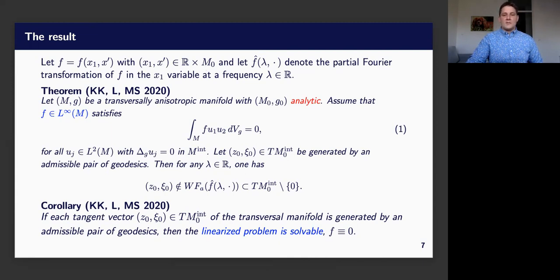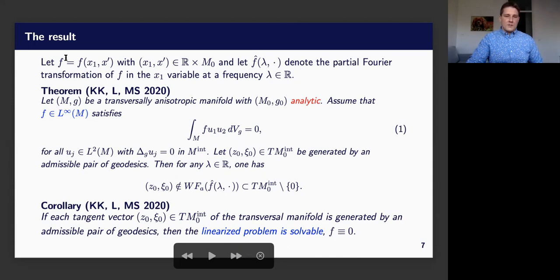So these are the slices of the cylinder. And I also need this definition here: f hat lambda, where this dot is a free variable on the transversal manifold. This denotes the partial Fourier transformation of f in the x1 variable at the frequency lambda.